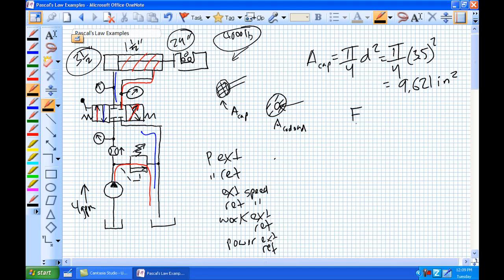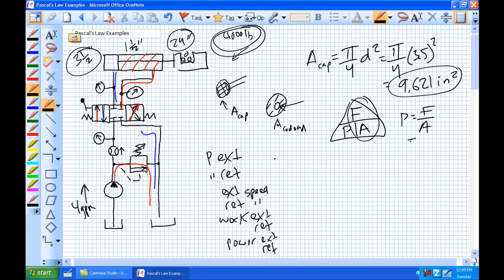So force equals PA, that's our Pascal's law. We know the force, 4,000 pounds. We know the area, 9.621. Force divided by area should give us pressure.